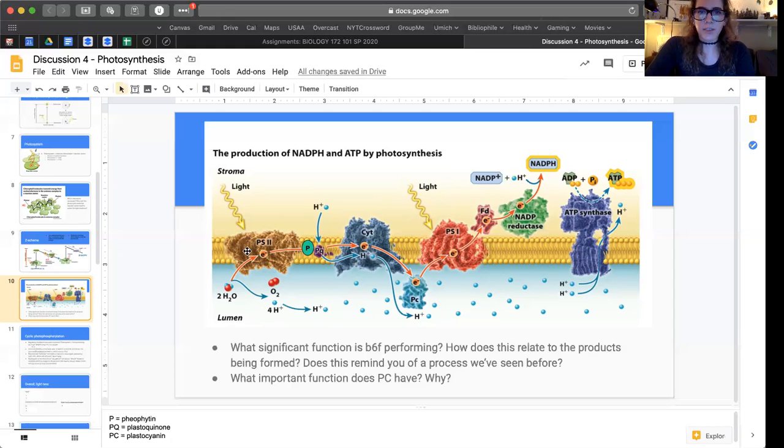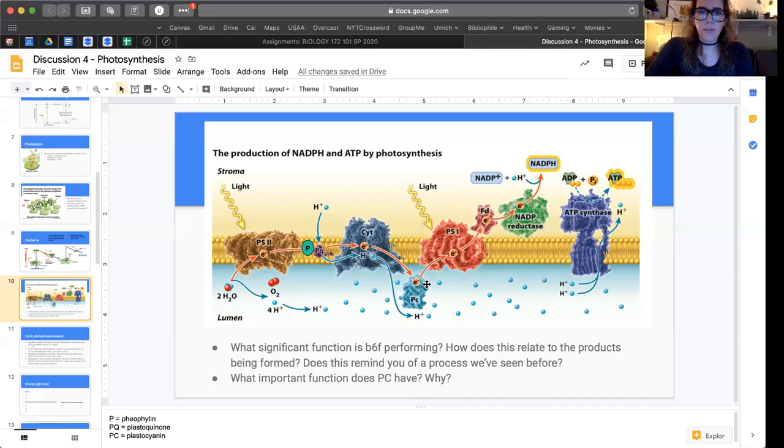And we can see that the photosystems themselves are attached to the membrane, so they don't really have motility. So this plastocyanin, its function is to shuttle the electrons from this process into this process. So it's super, super important, because if we didn't have this, we wouldn't be able to have this occur, because they would just be kind of stuck over here in this area.